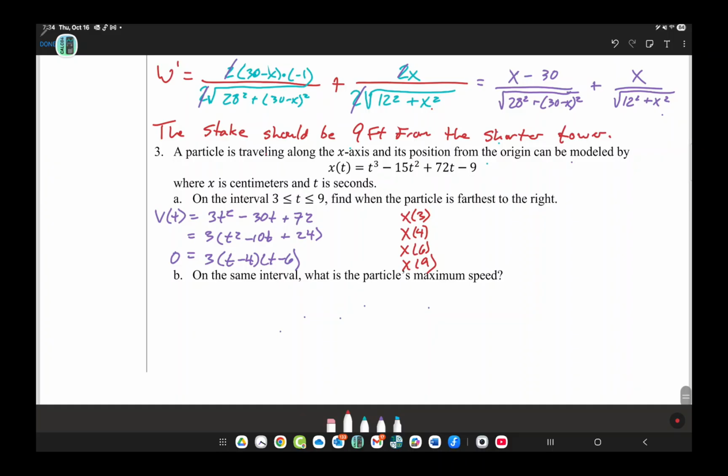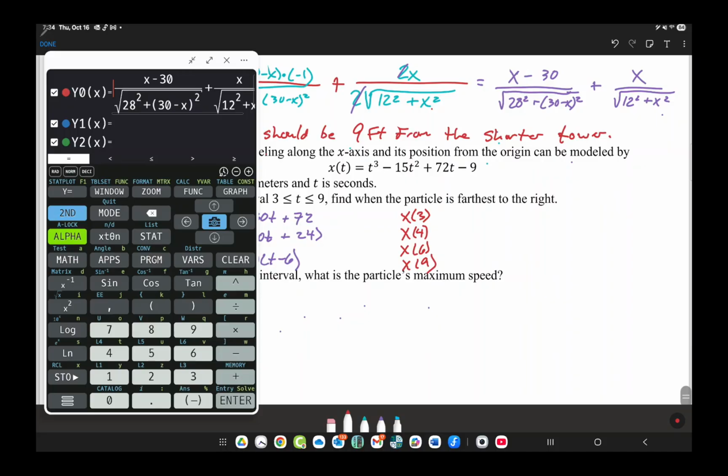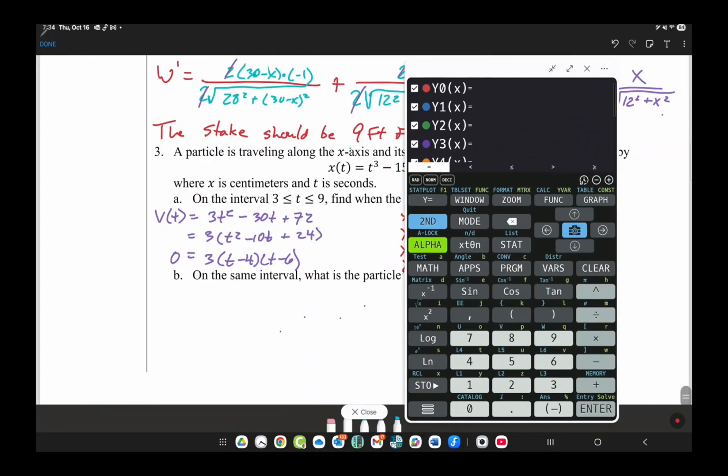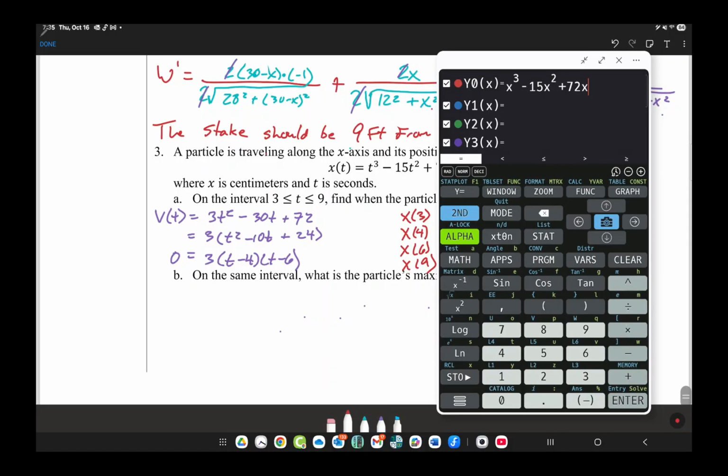That's not too terribly hard to plug in, but I want to see if we can do this. I'm going to put the original function in here. So we have x cubed minus 15x squared plus 72x minus 9. All right.